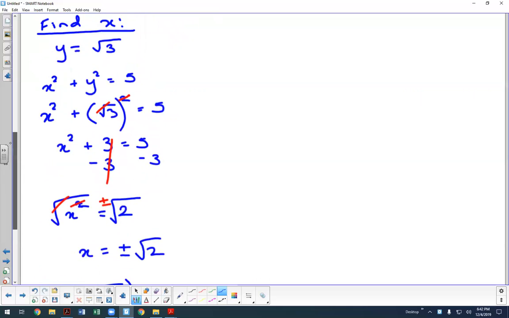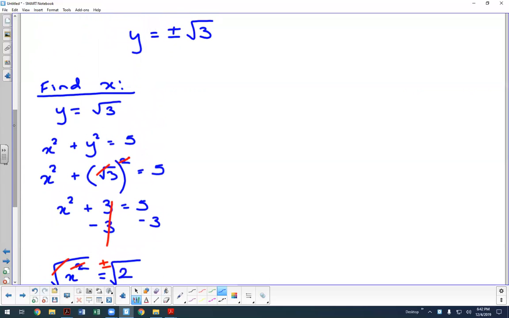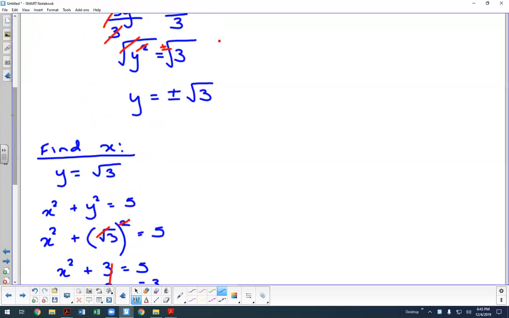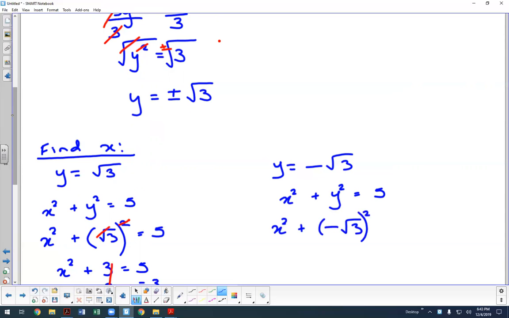If you go back and redo this calculation now with the negative square root of 3, we should again expect to see 2 values for x. So now let's do y equals negative square root of 3. Again, I'm still going to use my first equation to find this. So replace your y with negative square root of 3. Okay.